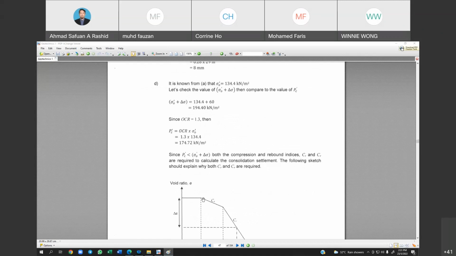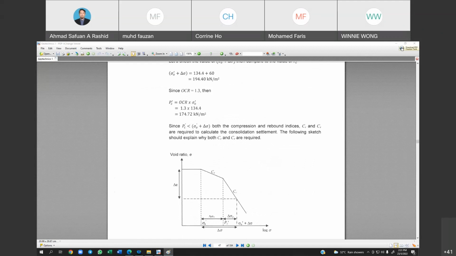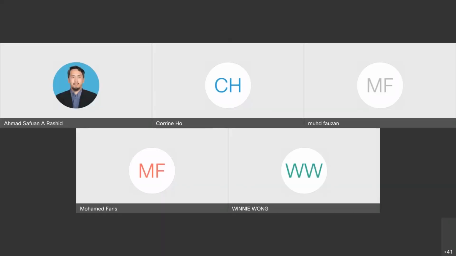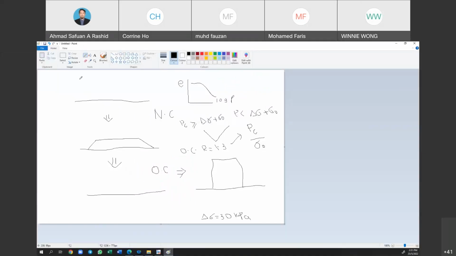So this refers to rebound, while this refers to compression. Sebenarnya the CR bukan berlaku di situ.